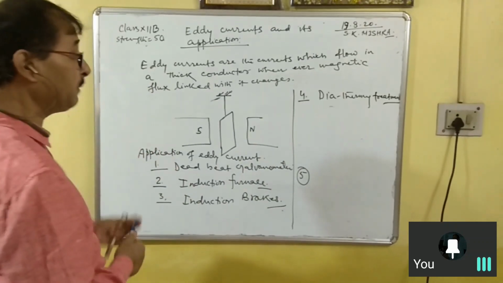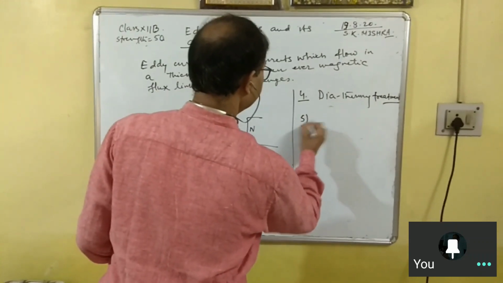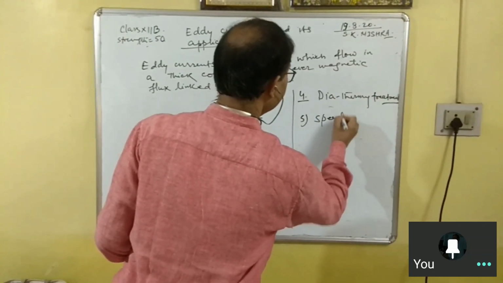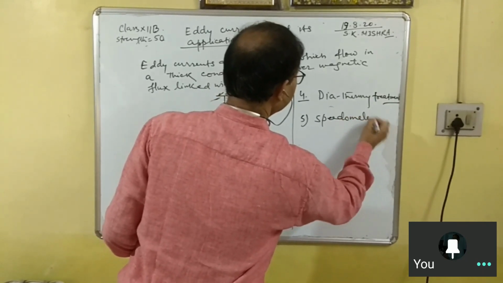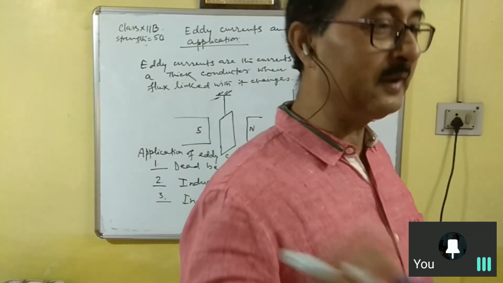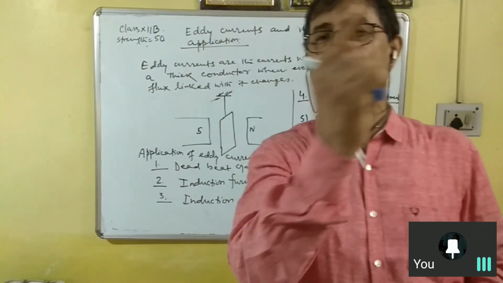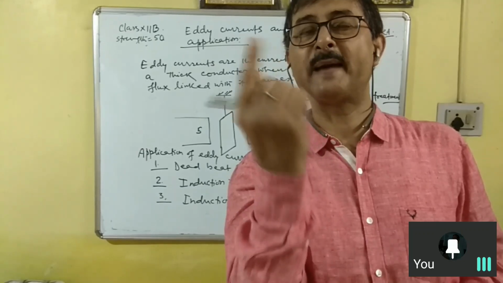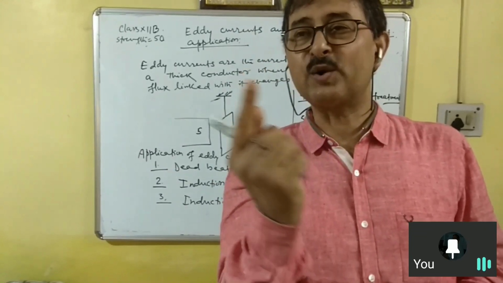In an electric meter, you might have seen one disc keeps on revolving, rotating about some axis, and that is rotating due to the eddy current.